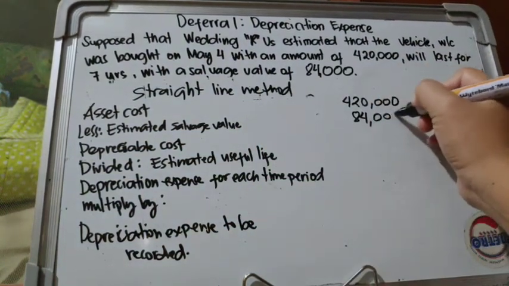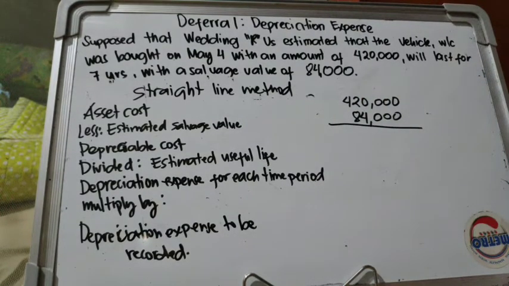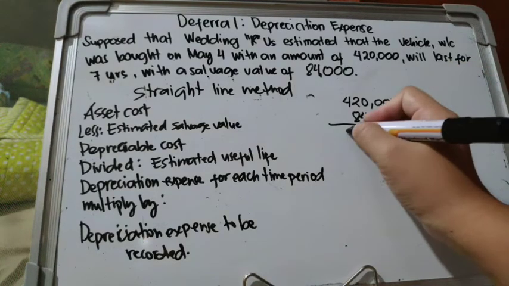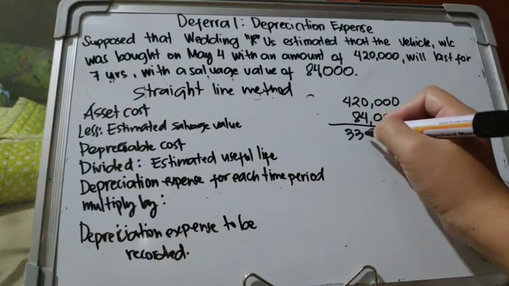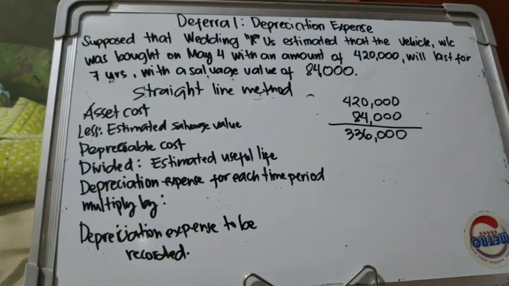So, that is the salvage value. So, 420,000 less 84,000, it will be 336,000. Okay. Next is divided by estimated useful life.